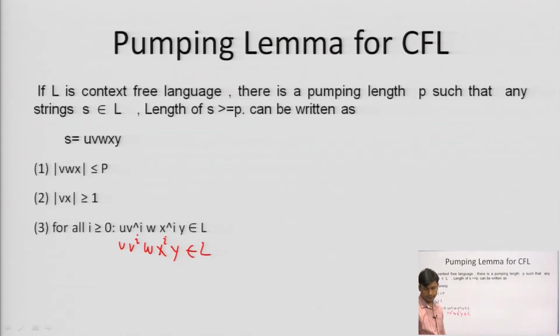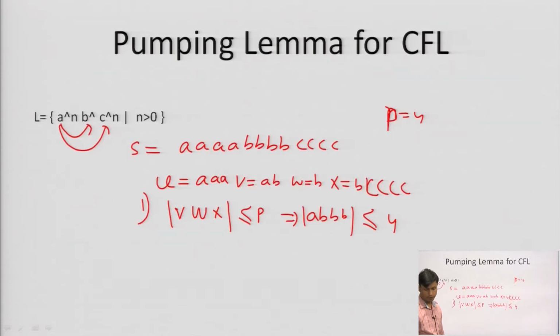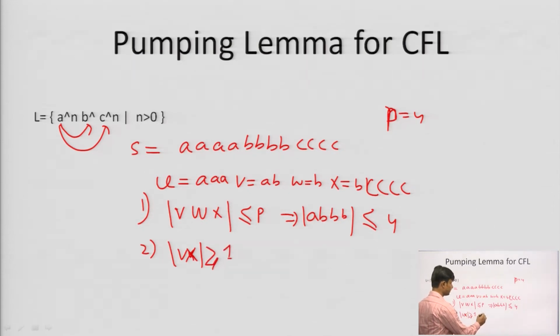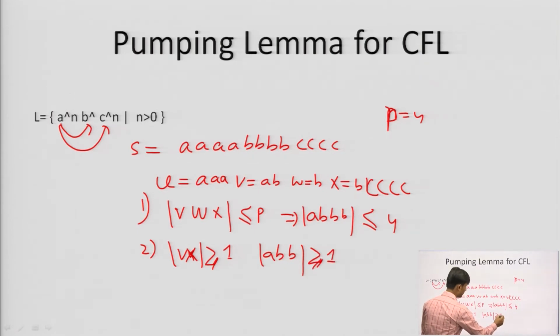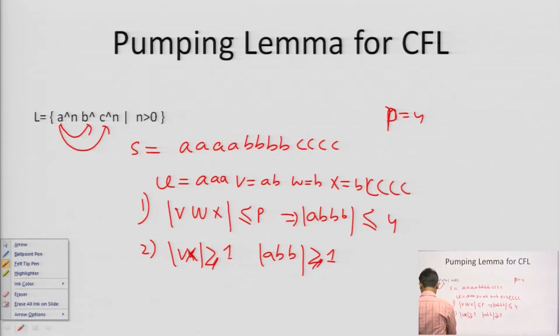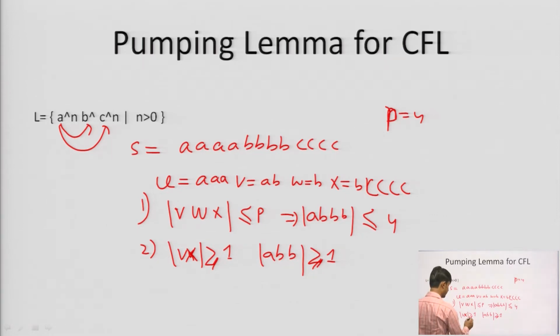Then the second one says the length of VX should be greater than or equal to 1, and yes, VX is greater than or equal to 1. You can check it, V is A and X is B, which is greater than or equal to 1. So, these two properties are satisfied.